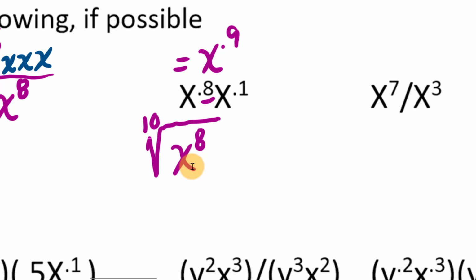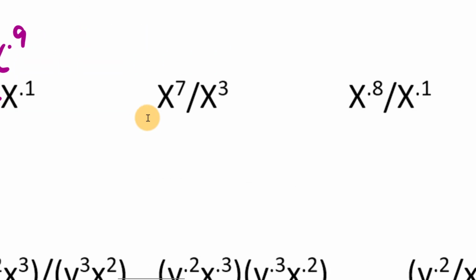So we're trying to find what number x, if we raise it to the 8th power, multiply it times itself 8 times, but then the 10th root asks what number do we multiply times itself 10 times to get that number. So, for example, the 10th root of 100 would ask, what number can I multiply times itself 10 times and get the answer 100? All right, so add the exponents.